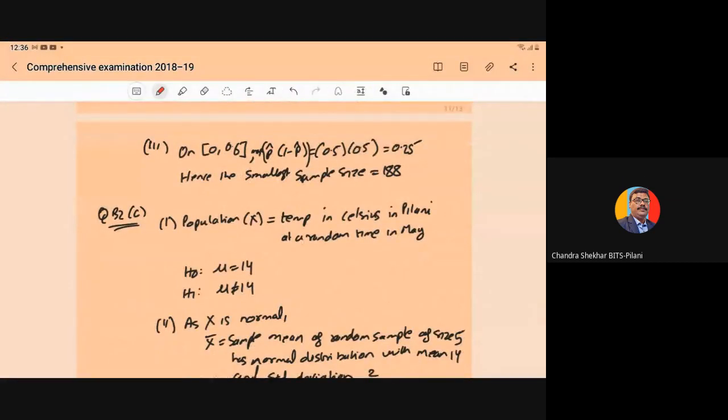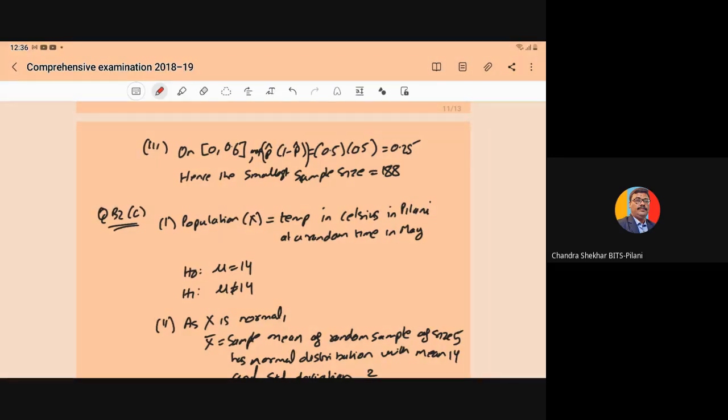Population, we denote it by capital X: temperature in Celsius in Pilani at a random time in a particular month. It is given to you that it is claimed that the average temperature is not equal to 14. So H1 will become the negation of 14, and H naught is the negation of H1.